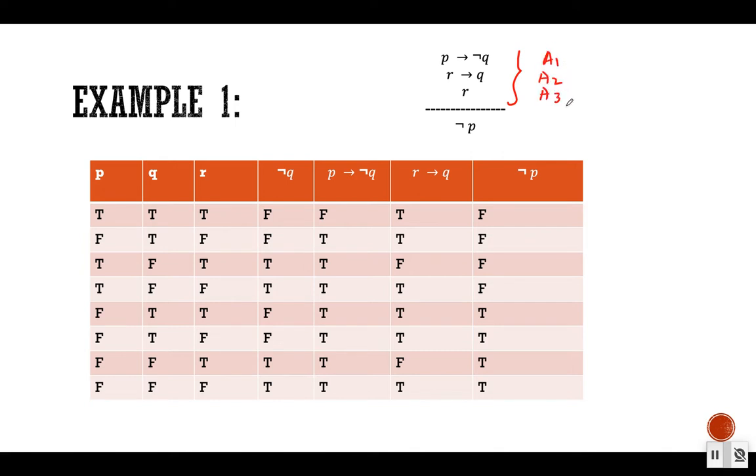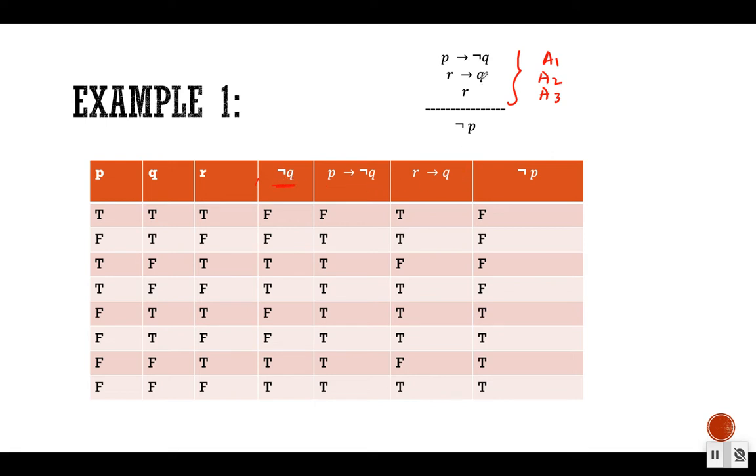We have three hypotheses here. A1 is p implies not q. So we take all the combinations of p, q, r, and to find p implies not q, we first create the truth table for not q.